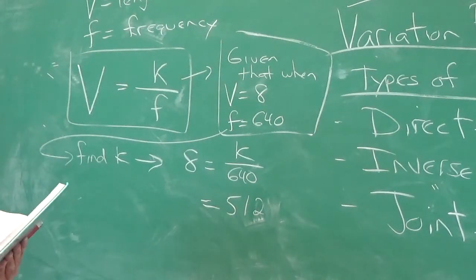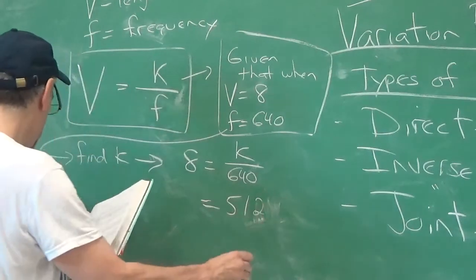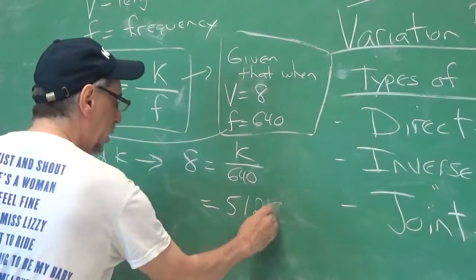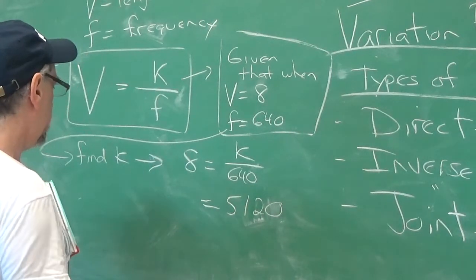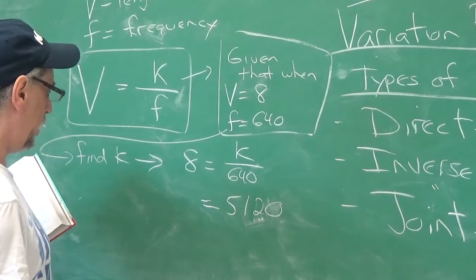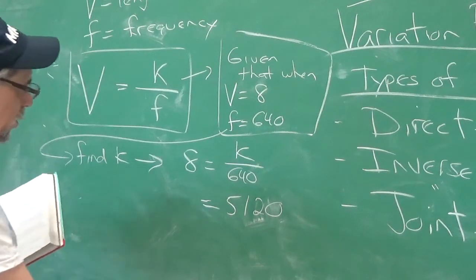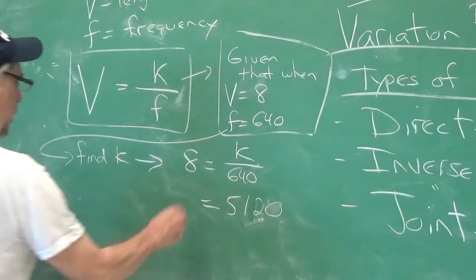Wait a minute, what did I do wrong? Something's wrong there, right? Oh, no, I think I was right. What was K? Everybody got a calculator? No. Okay, get your phone. 600 times 8 would be 4,800, and then another 320. That should be right, right? Yep. Okay, so that's our K.